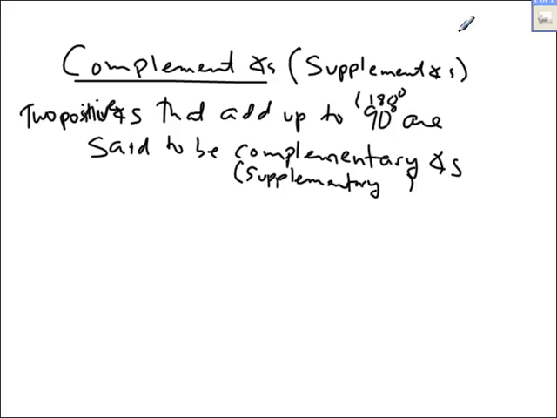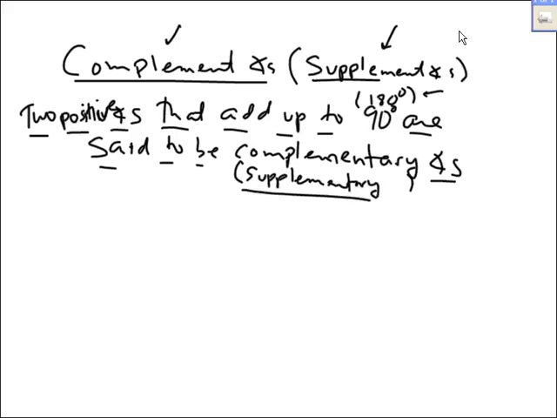Supplementary angles: that is, two positive angles that add up to 180 degrees are said to be supplementary angles. If you don't read what's in the parentheses, then don't read anything in the parentheses. If you do read what's in the parentheses, that is the definition for supplementary angles, then always read what's in the parentheses.